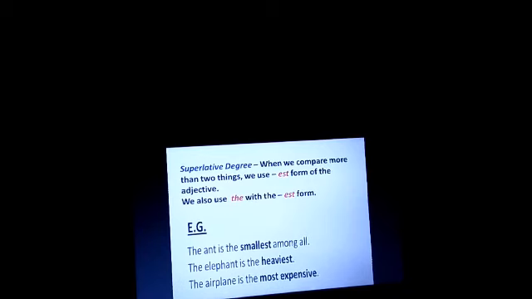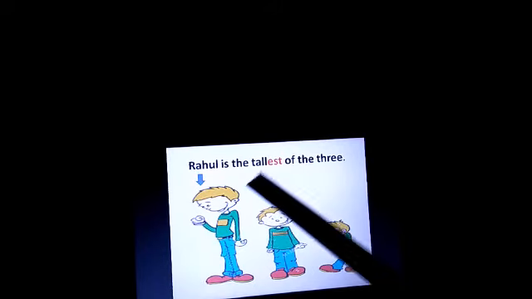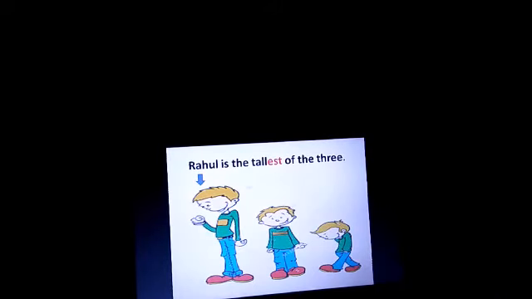So students, remember that for superlative degree we use the and EST with the adjective. Now see this image. Here is a picture of three boys. We have taken the name Rahul. Rahul is the tallest of the three, so we have used EST. The and EST for the adjective.